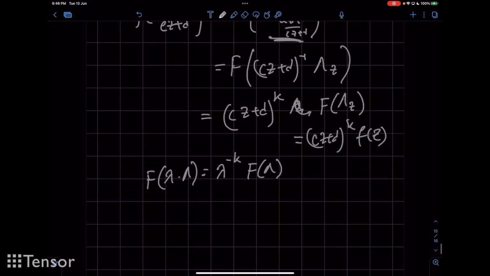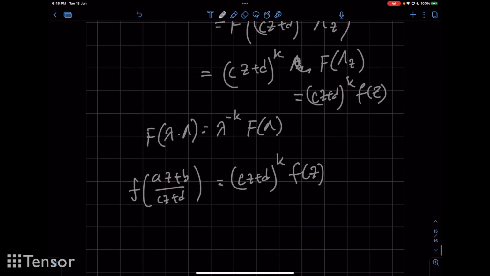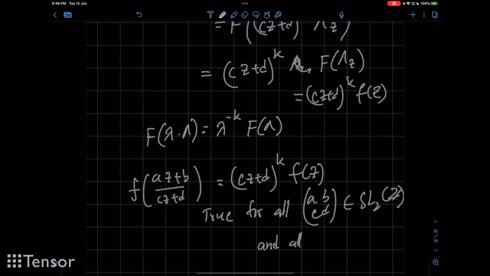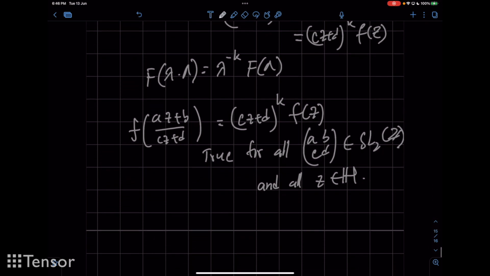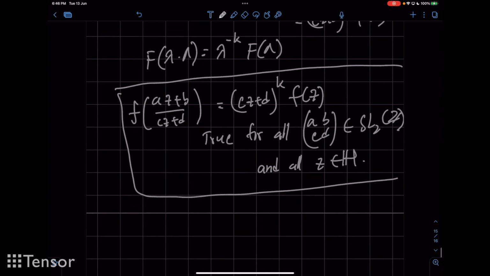So that means we have proved that small f has this property: f of (az plus b over cz plus d) is equal to (cz plus d) to the power k f of z. And this is true for all A, B, C, D in SL2Z and all z in the complex upper half plane. Okay, and this condition is what is known as the modularity condition.